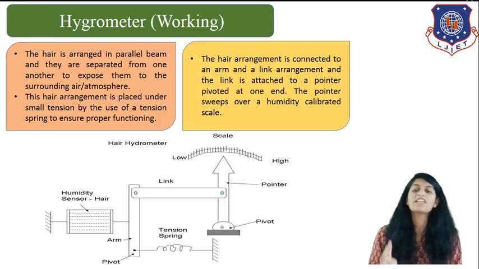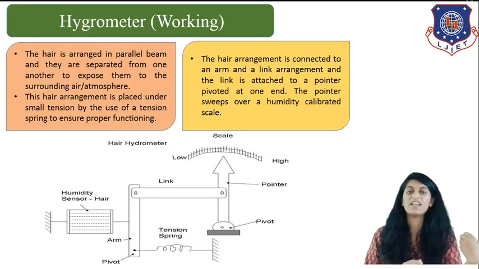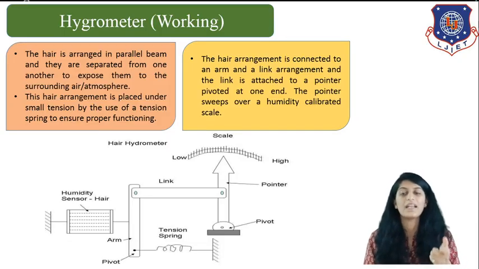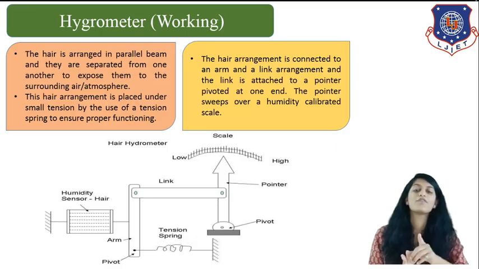The hair arrangement is placed under small tension, and we can apply that tension using a spring arrangement, correct. The hair arrangement is then connected to the pointer, and that pointer is linked to the scale which will give you the reading.